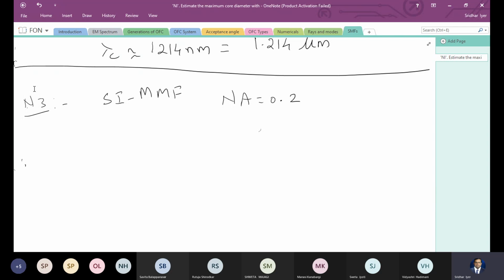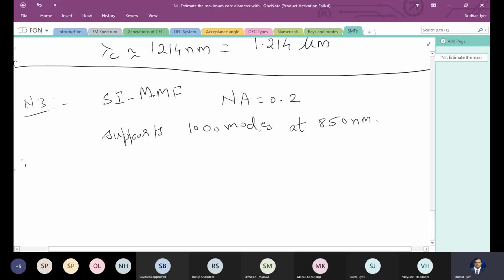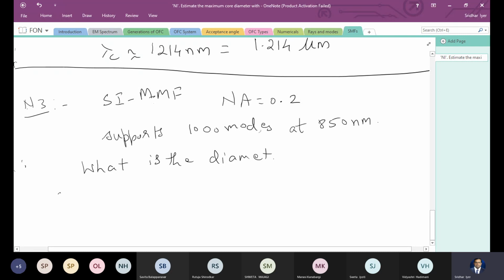The problem is a step index multimode fiber with NA equal to 0.2 supports 1000 modes at 850 nanometers. The question is, what is the diameter of the core?